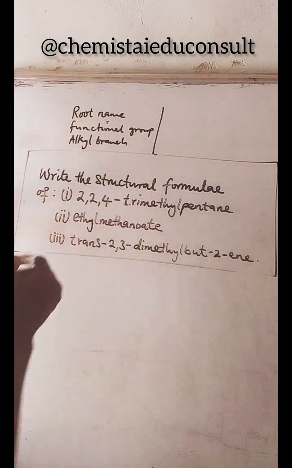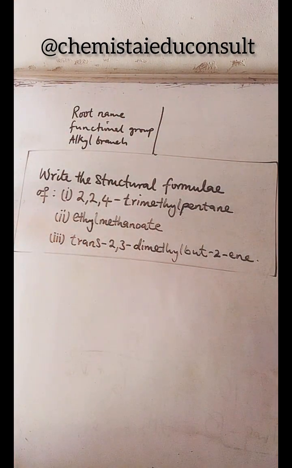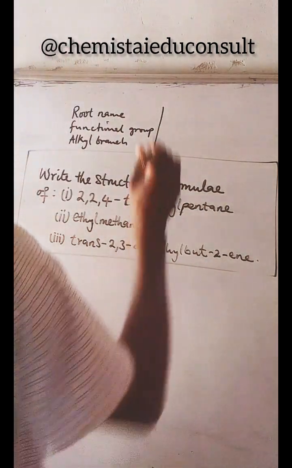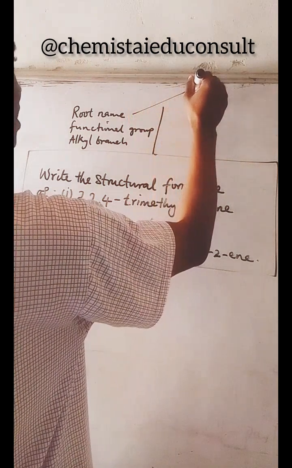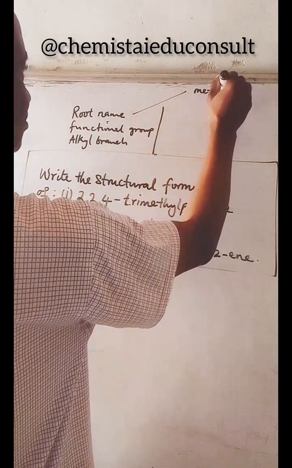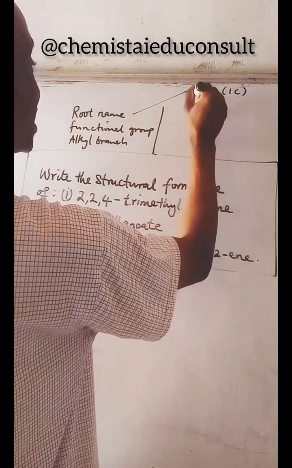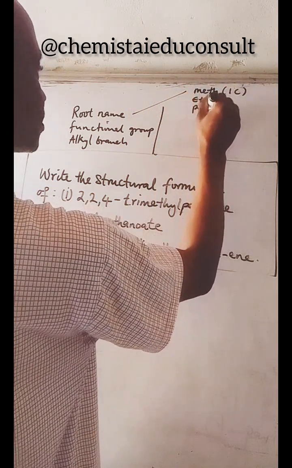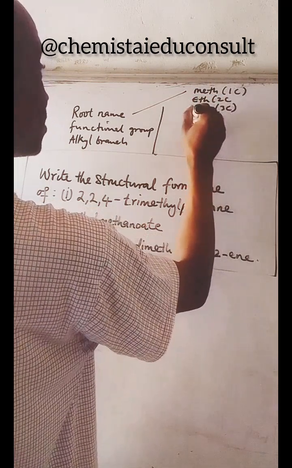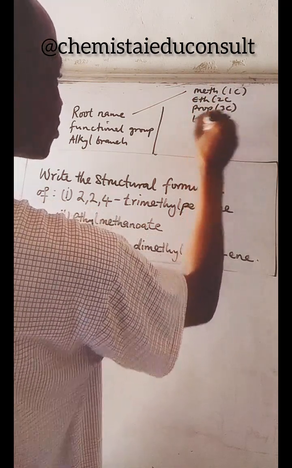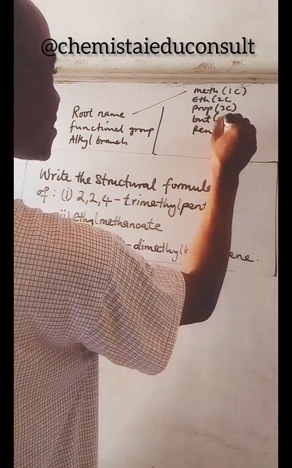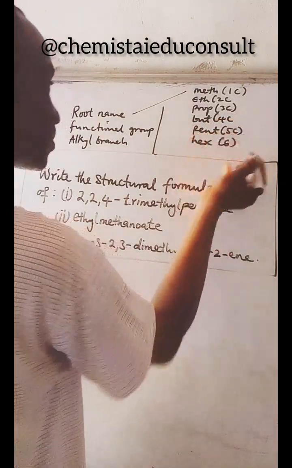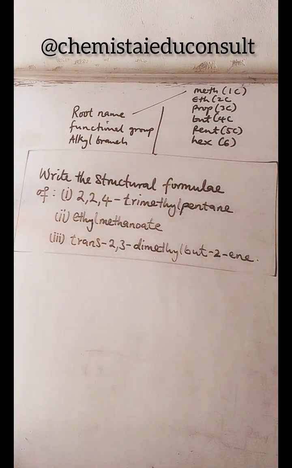The root name contains the number of carbon atoms in the straight carbon chain. The root can be meth, meaning 1 carbon. It can be eth, meaning 2 carbon atoms. It can be prop, meaning 3 carbon atoms. It can be but, 4 carbon atoms. Pent, 5 carbon atoms. Hex, 6, hept, 7, and so on and so forth.